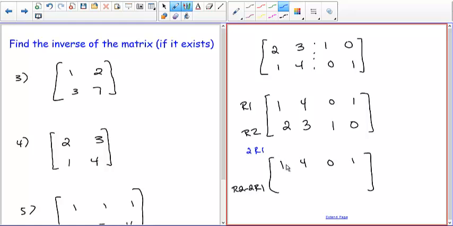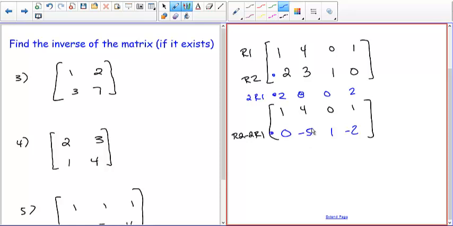So we just doubled these numbers, 2, 8, 0, 2. So we're going to take row 2, subtract 2 times row 1, put our answer right there. 2 minus 2 is 0. 3 minus 8 is negative 5. 1 minus 0 is 1. 0 minus 2 is negative 2.